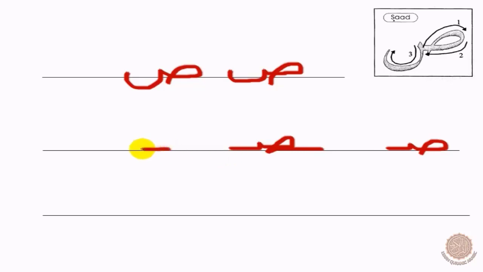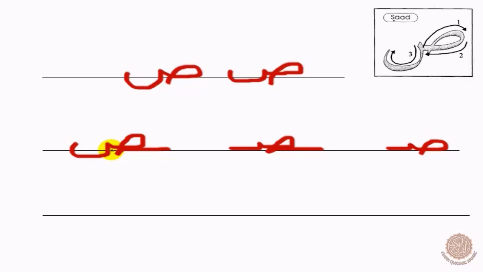So you have the letter, go a bit further down, come like that, and then you go down a bit. So it goes more down, similar to the isolated forms. Maybe this should go a bit further down like this. So that's how it's done.